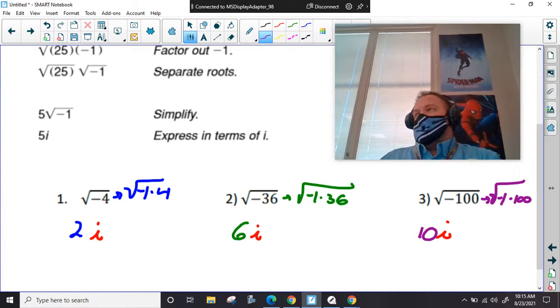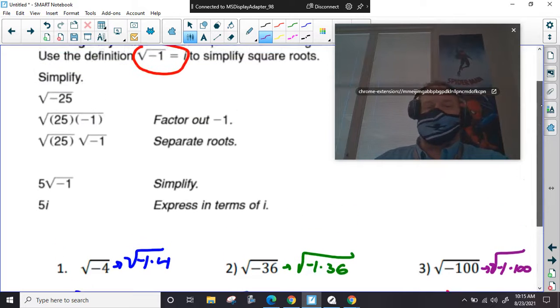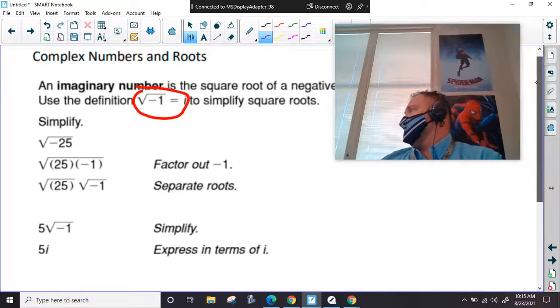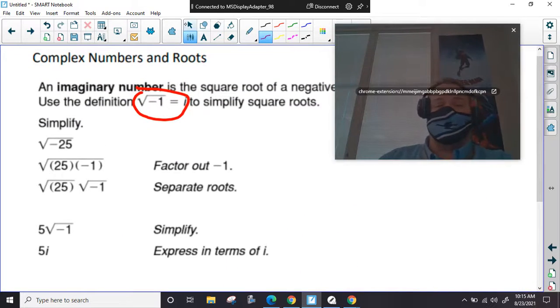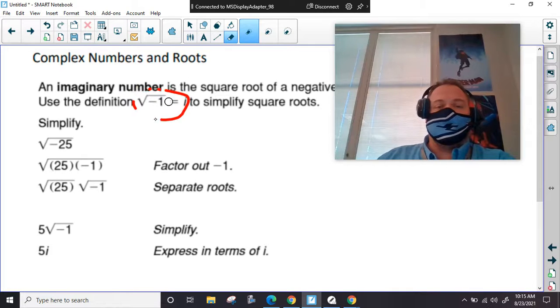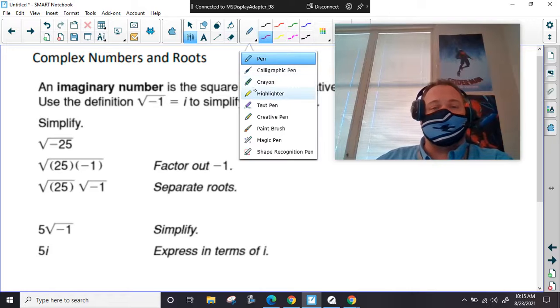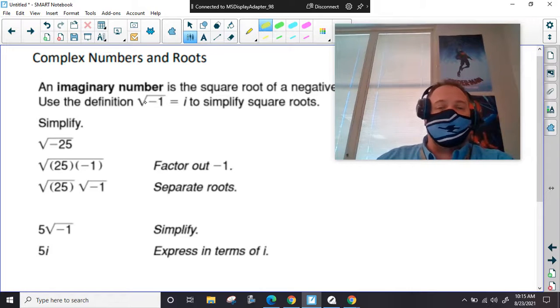Where did you get the imaginary numbers though? It's okay. Do you remember when I was telling you that mathematicians were sitting around doing opium? Okay, this is what they came up with. I don't know why they decided we needed to know this. I don't know of very many places where this is actually used in the real world.